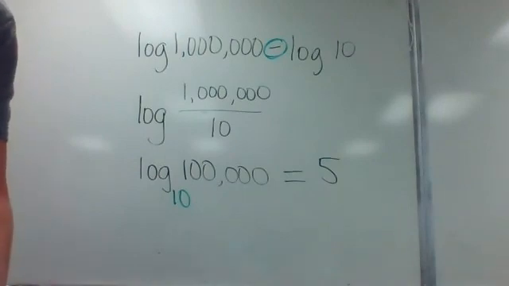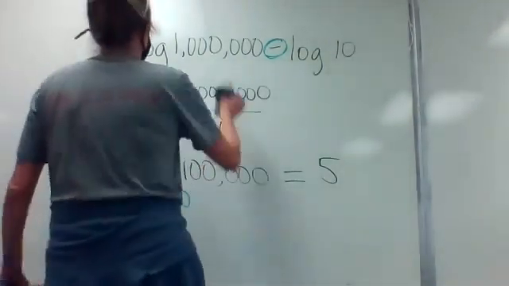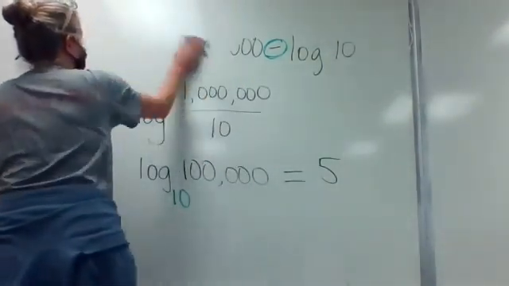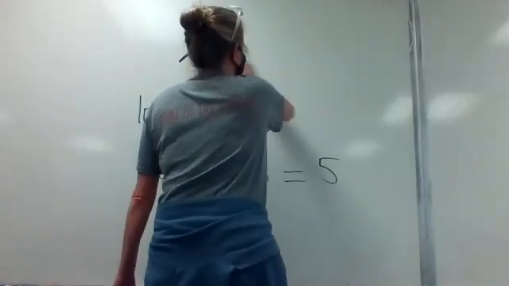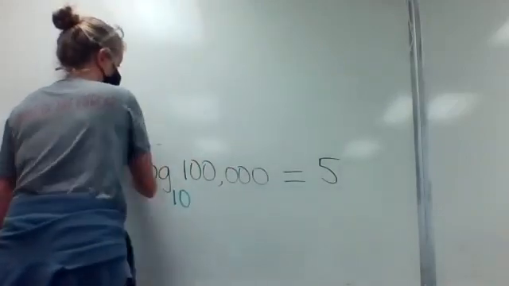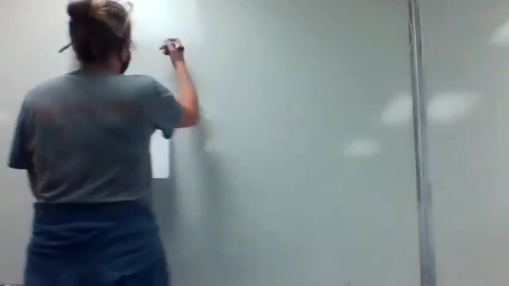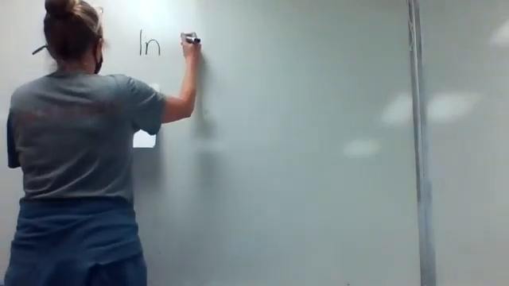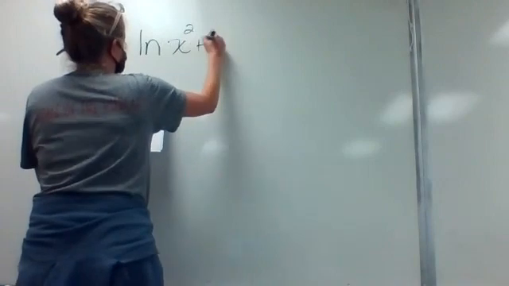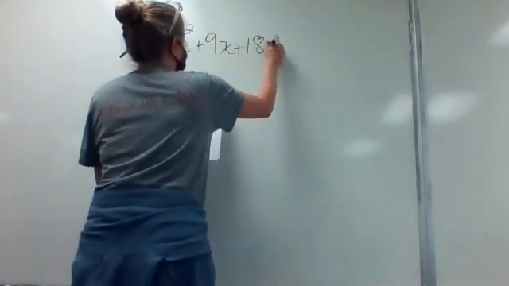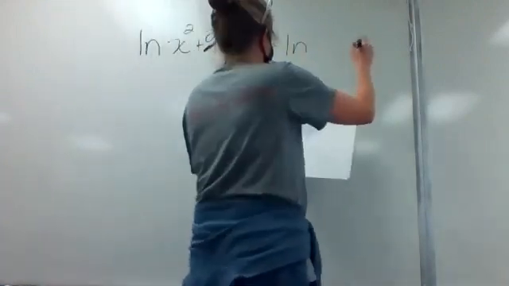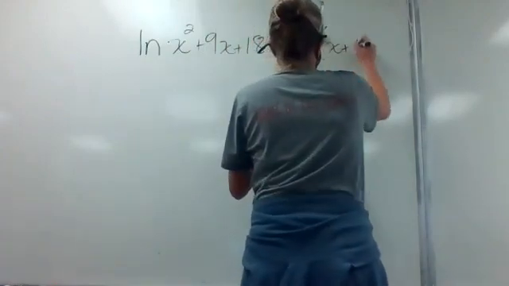All right, then remember I took out 14, 15. Go into 16. Got ln of x squared plus 9x plus 18 minus ln of x plus 6.